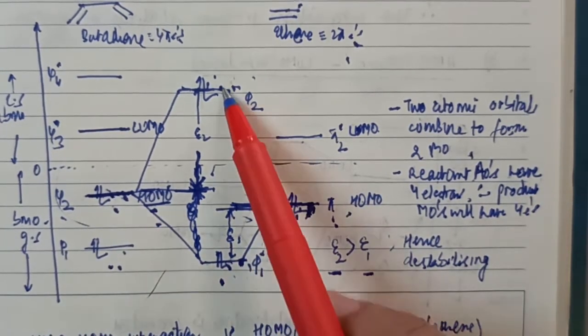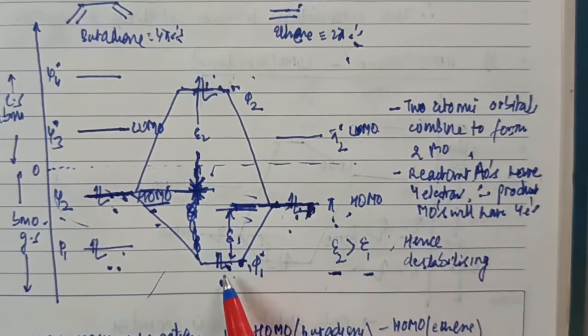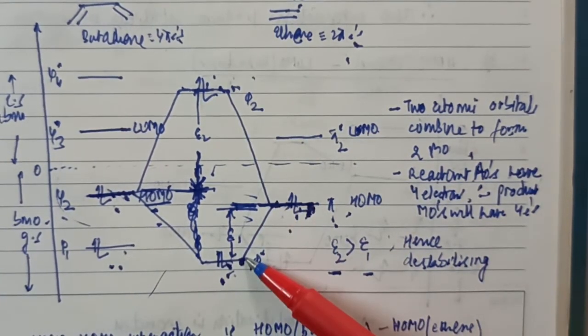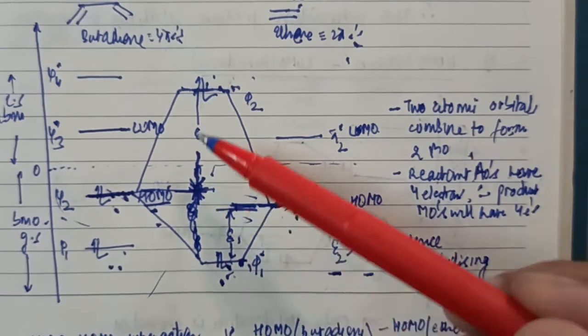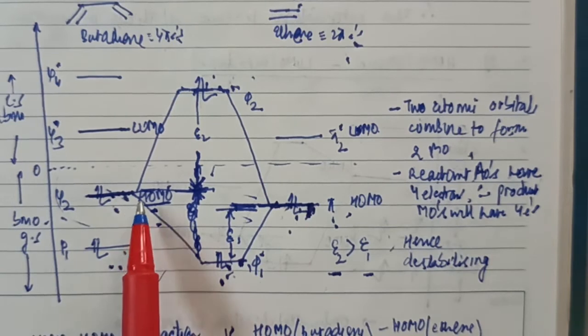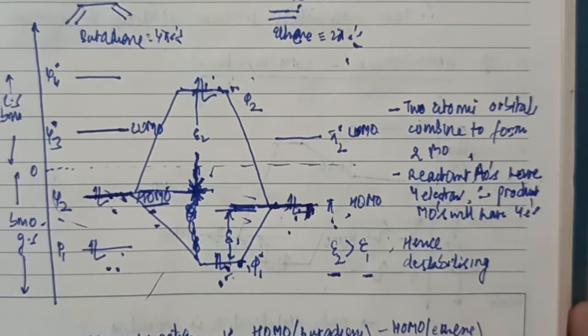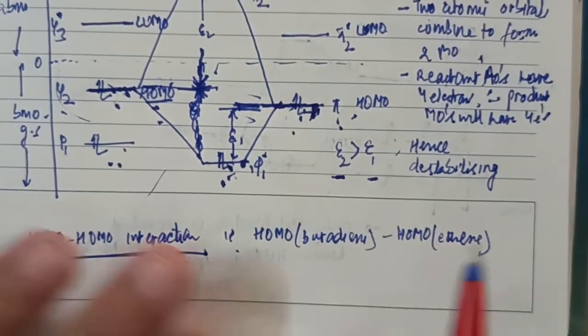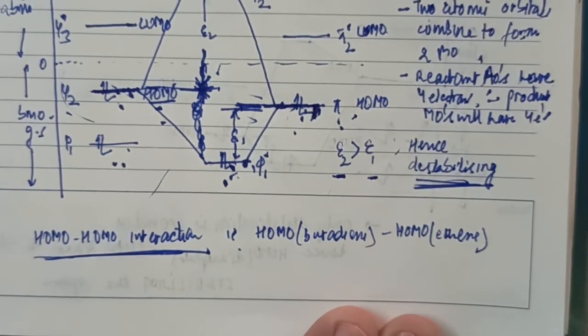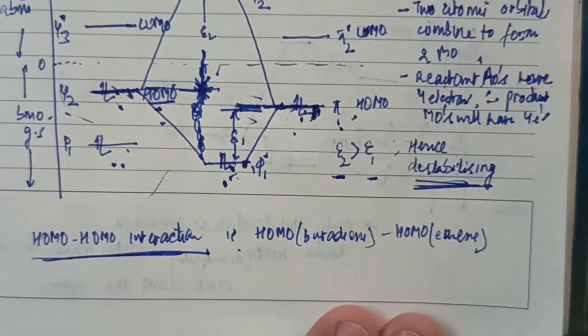So the product molecular orbitals also have 4 electrons, 2 going down and 2 going up. The stabilization is less than the destabilization. Hence the interaction between the HOMO of the diene and the HOMO of the dienophile is actually destabilizing the system, and therefore should not be my point of consideration.